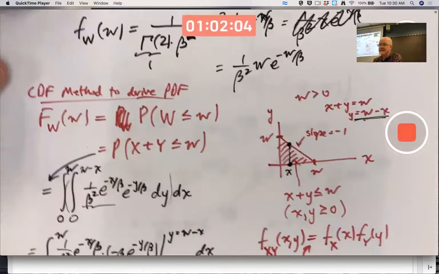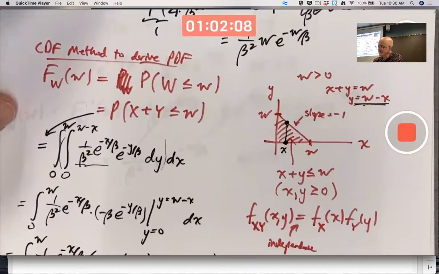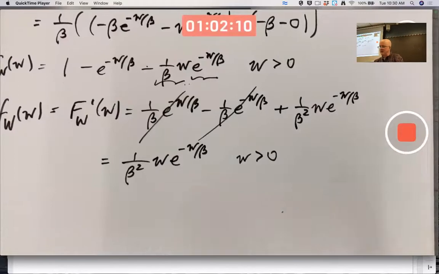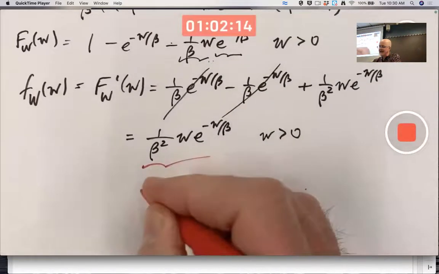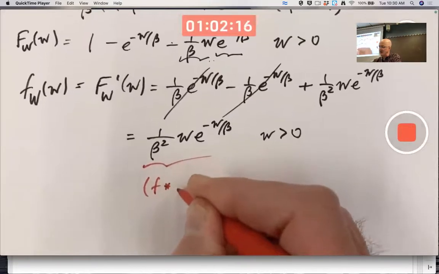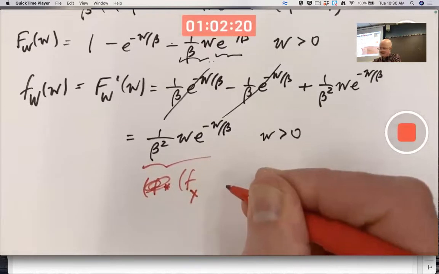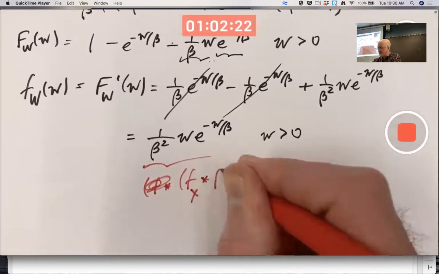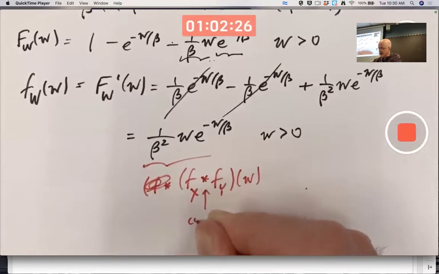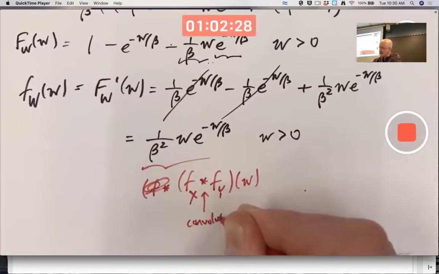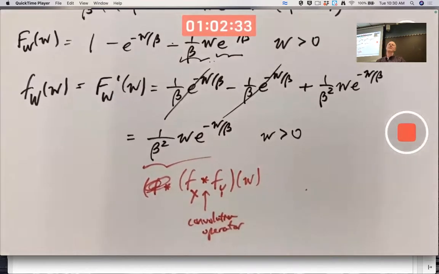This is a continuous convolution. Essentially, this final function that we got, you could say it's f sub x star f sub y of w, where star is the convolution operator. But what does that mean?